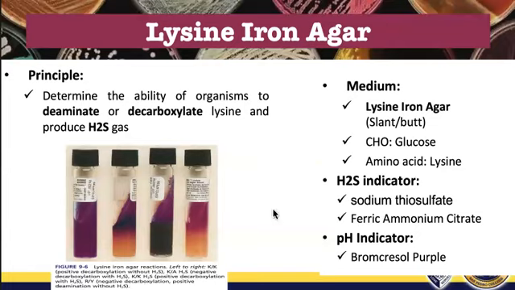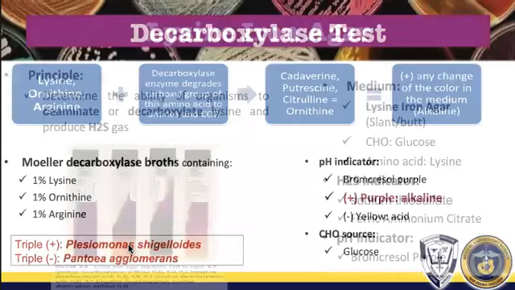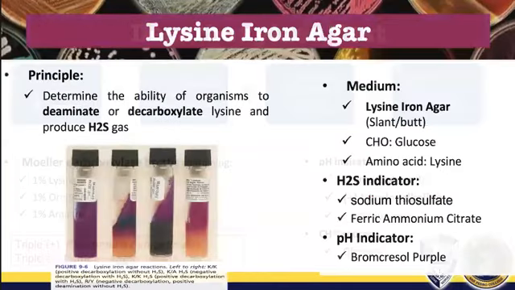Okay. Also, similar to TSI, when there is hydrogen sulfide production and it covers the whole butt, like in this tube number 3, this is also considered positive for fermentation. So the whole butt is blackened. It is also positive for decarboxylation if the whole butt turns black due to the presence of hydrogen sulfide. That still means the environment became acidic and the decarboxylase enzymes were activated.